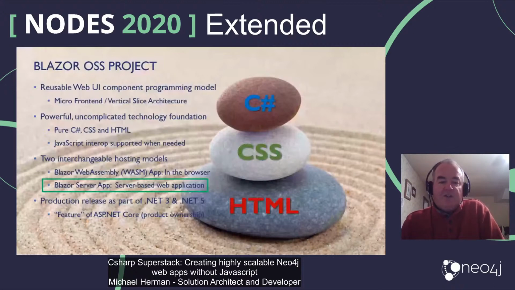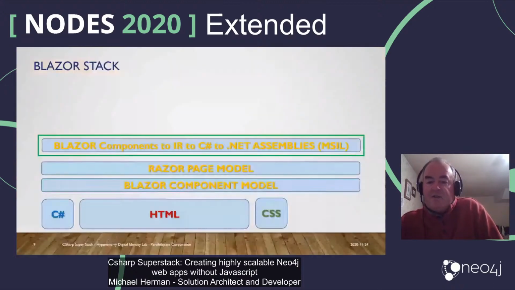The Razor pages go through a process where they're compiled into an intermediate representation that's compiled into C#, and that's used to create .NET assemblies. There's actually a lot more going on in this box than I'm going to describe right now. But the whole idea is that whenever Blazor is running on the server, it's running .NET MSIL, but it's also running the .NET assemblies directly in the Blazor WebAssembly model, where the application is running entirely in the browser. Your .NET assemblies are actually downloaded and executed in the browser.